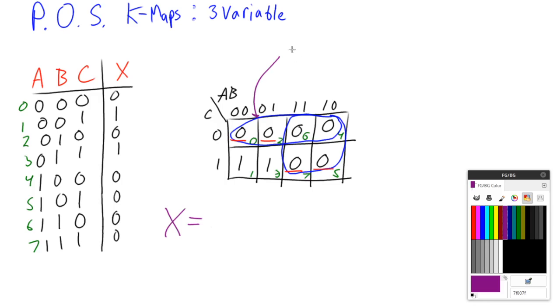So in this case, we have C, just C. That's actually the only thing that stays the same for this term. And then we've got this term here. The only thing that stays the same is A. A stays the same and it stays as a constant 1. So we're going to put A here.